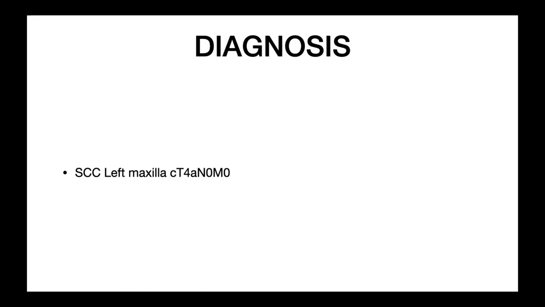Please go on. Kirti, as Hitesh had once mentioned, in NACT, especially in squamous cell carcinoma, the response to NACT is very unpredictable. So if it is upfront resectable, it's always better to go ahead with upfront resection and not give NACT.